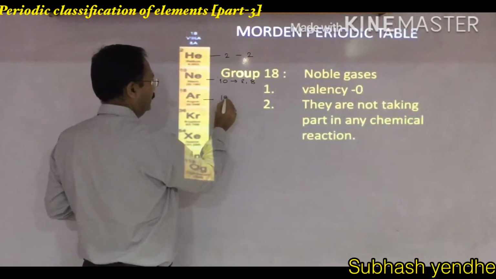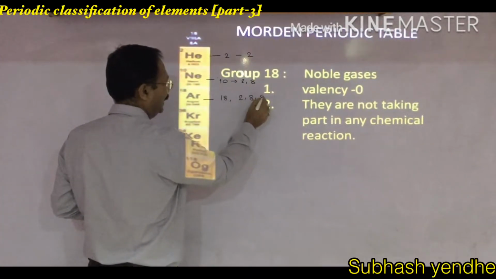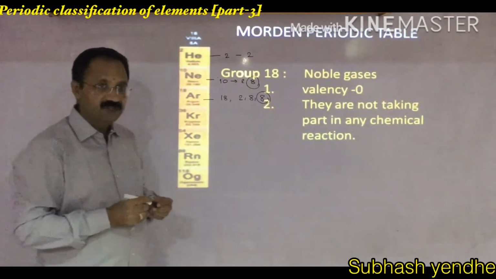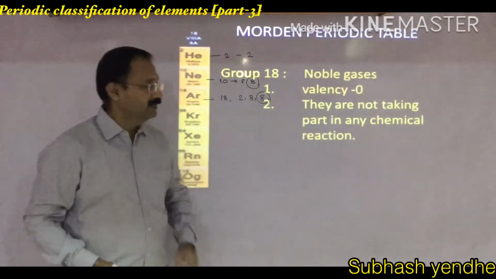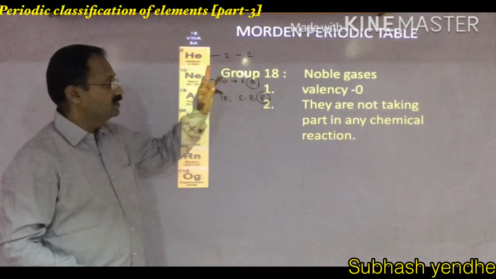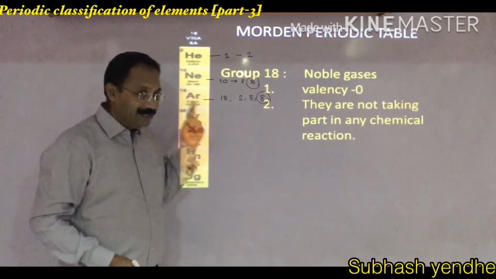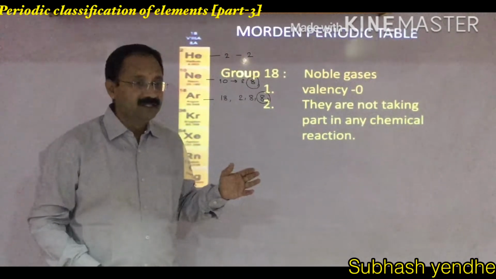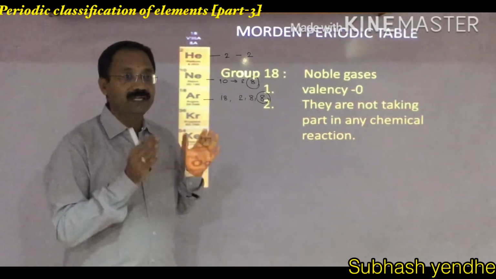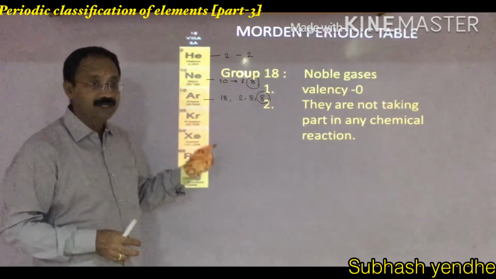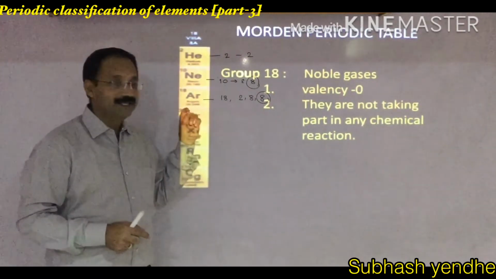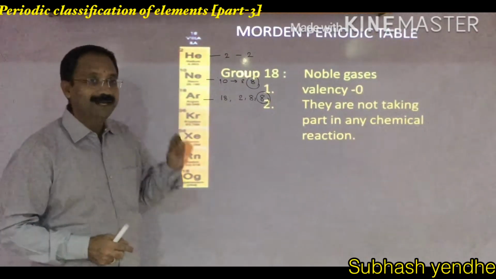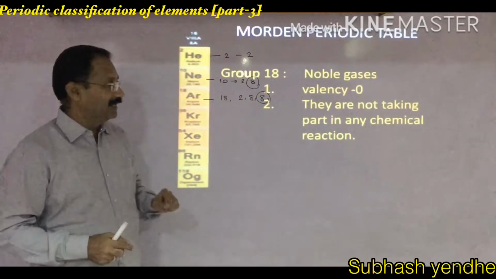Then argon is 18, therefore it is 2, 8, 8. See, in the outermost shell there are 8 electrons. Therefore their octet is complete and therefore their valency is 0. And because their valency is 0, they are not gaining, not losing, and not even sharing electrons, and therefore they are not taking part in chemical reactions. Thus they are called the noble gases or inert gases.